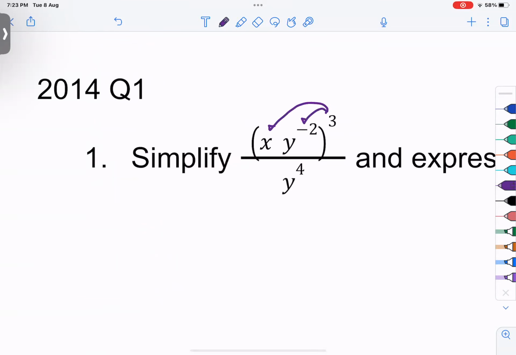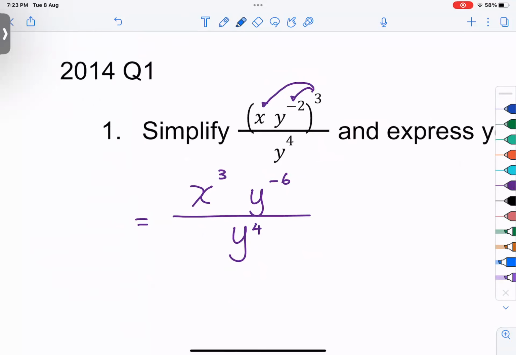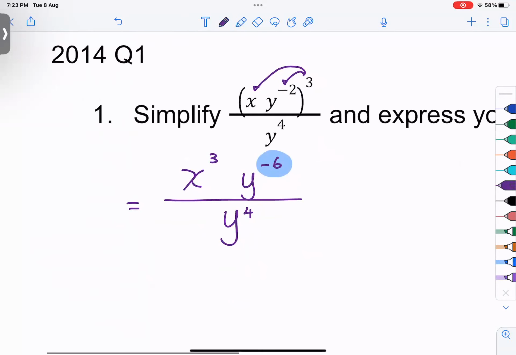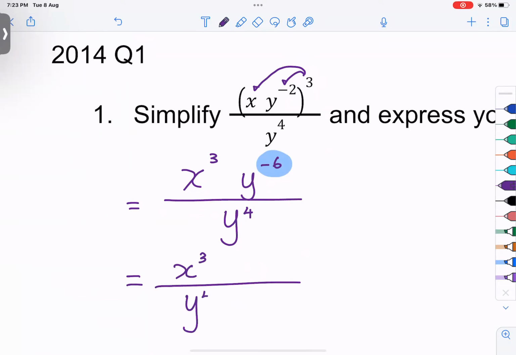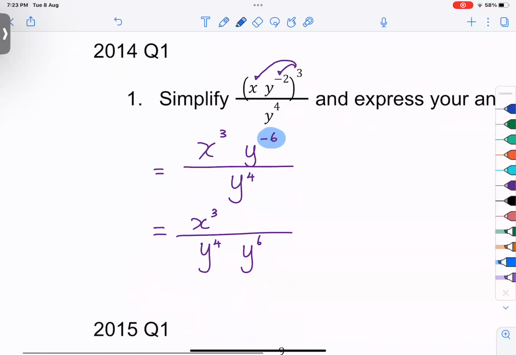If there's a power inside already, multiply it. -2 times 3, you get -6. And then if there are any negative powers, you switch the places. And if they are on the same stages, just add them up.